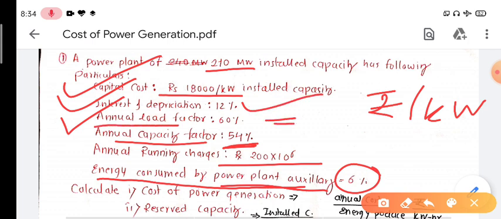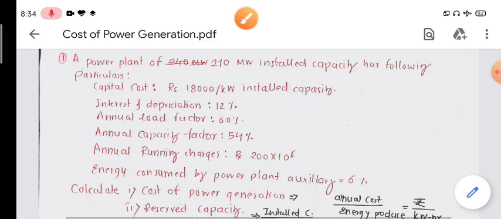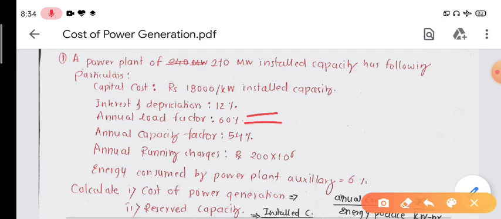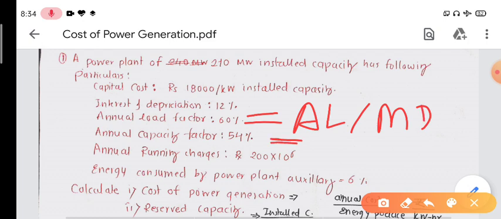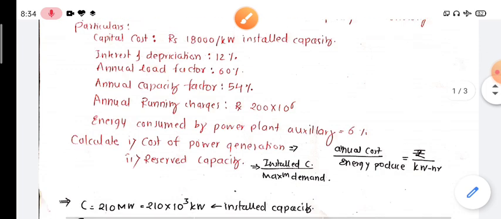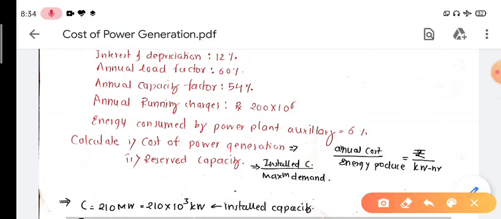We know what is meant by annual load factor. Load factor is average load divided by maximum demand. Capacity factor is average load divided by rated capacity. So we have to determine first the cost of power generation, and second the reserved capacity.